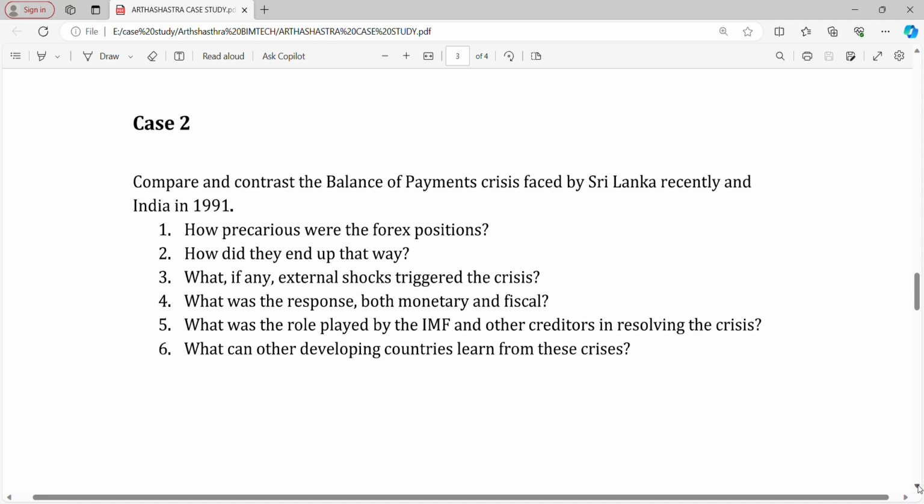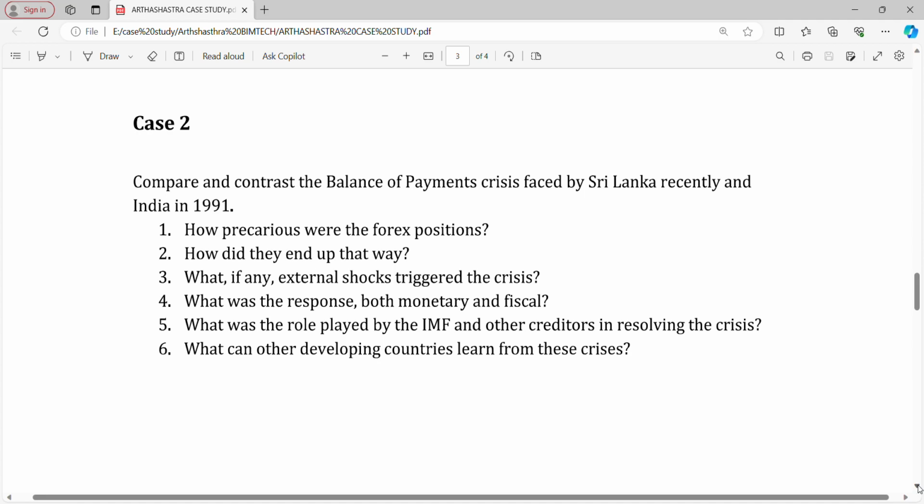The first question, how precarious were the forex position of India in 1991 and the forex position of Sri Lanka in 2022. And about Sri Lanka, we know the overnight decision to turn into organic farming and the Russia-Ukraine war all led to its BOP crisis. So get a thorough analysis on both the scenarios.